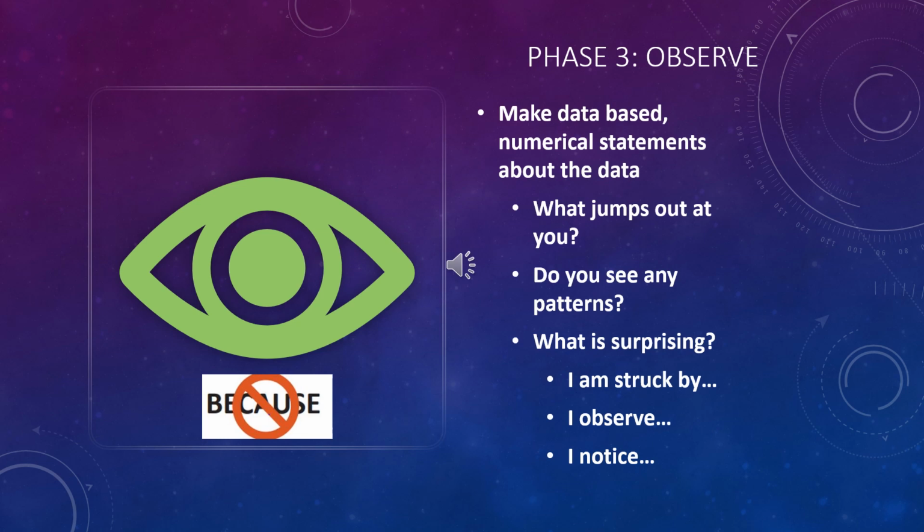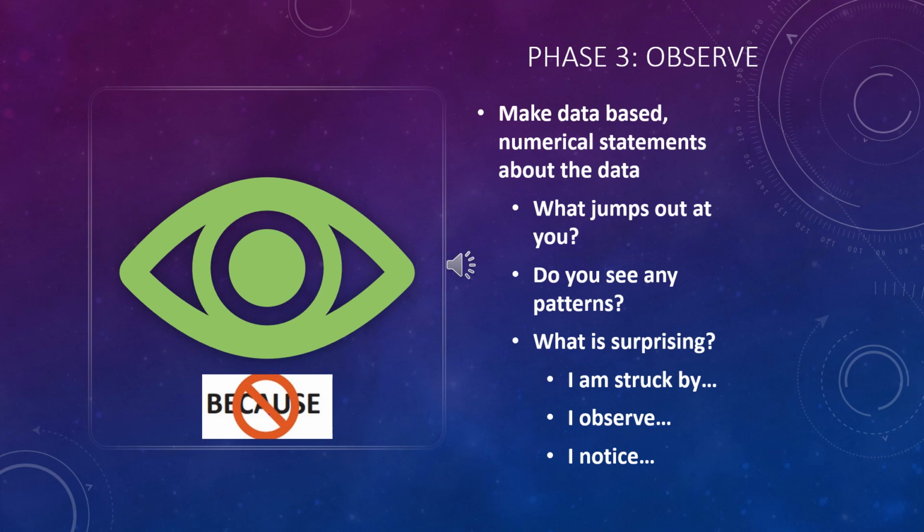In other words, we talk about what we see and refrain from making inferences about the data by using the word because. We will make inferences and freely use the word because during inferencing or phase 4.